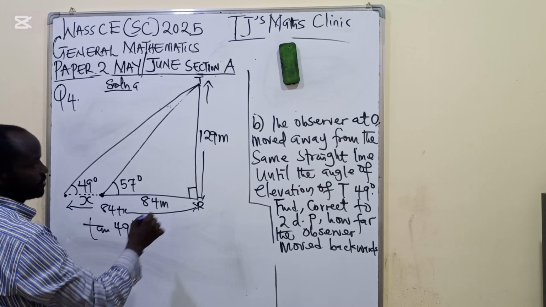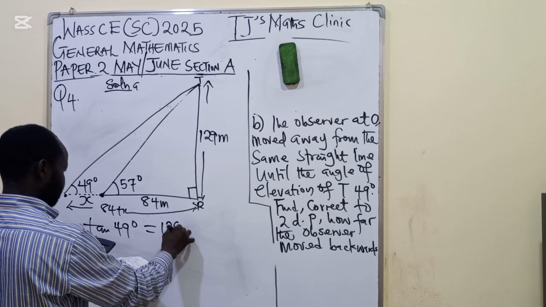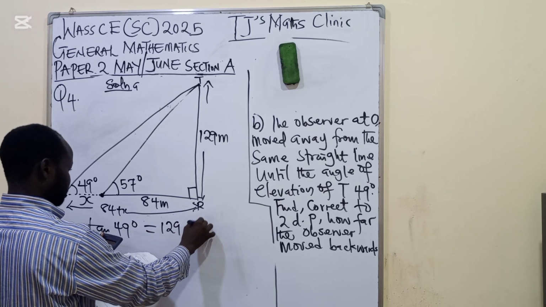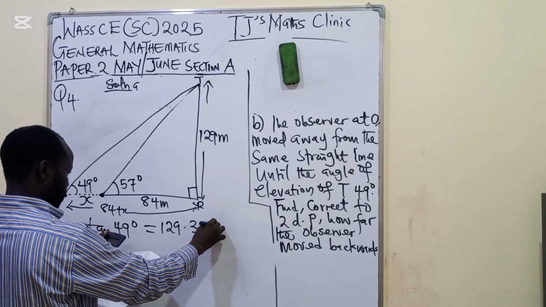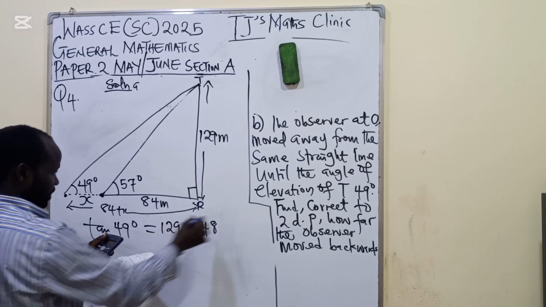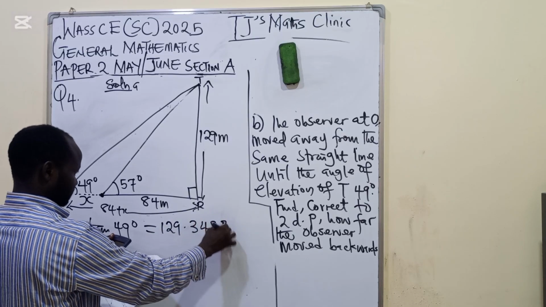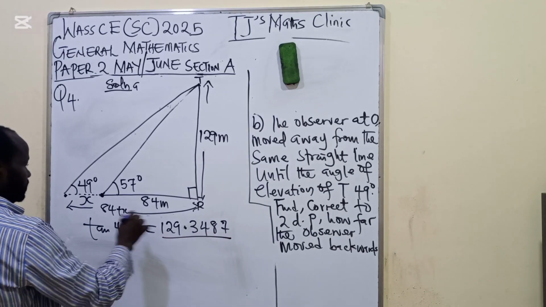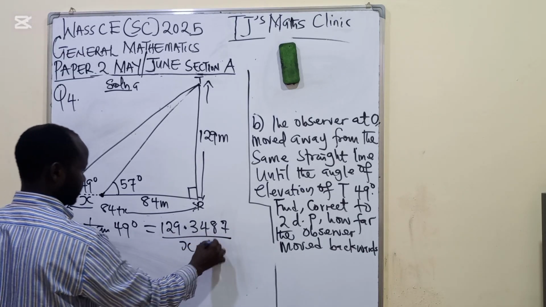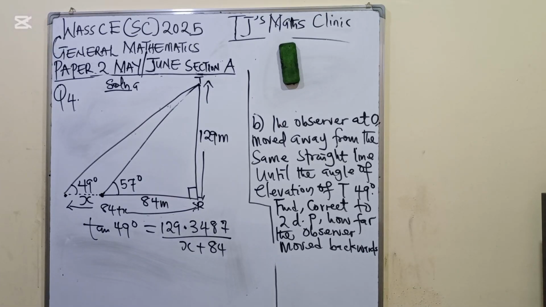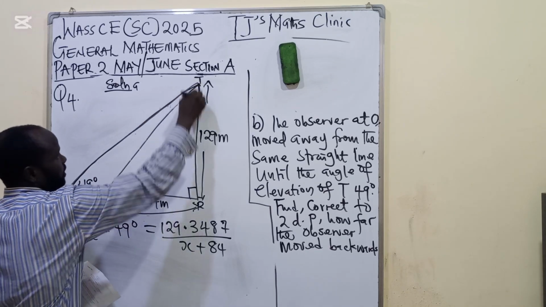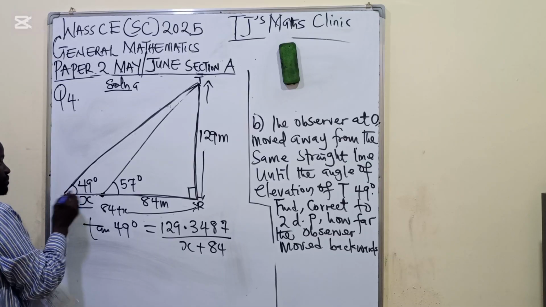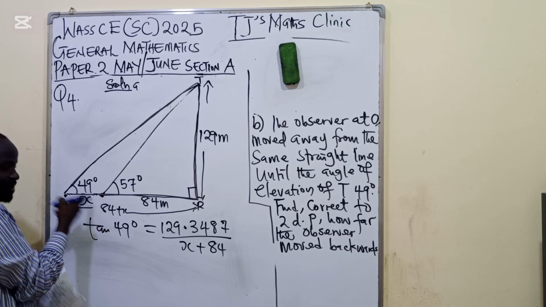The opposite now is 129, which is the height, so 129.3487 divided by x plus 84. Our aim is to find x. We're looking at the bigger right angle, which is this shape, and we're looking at this distance x.